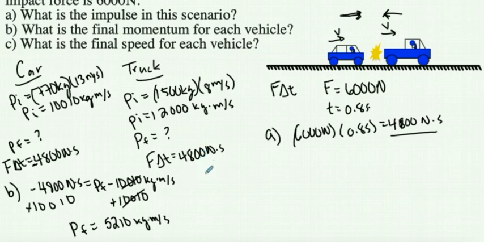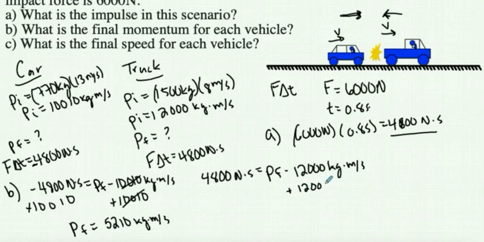So our impulse, 4,800 Newton seconds. That's going to be equal to final momentum minus initial momentum, which is 12,000. Okay, so similarly, we're just going to add this value to both sides. Alright, so add 12,000.